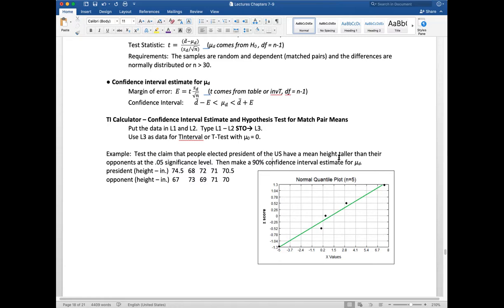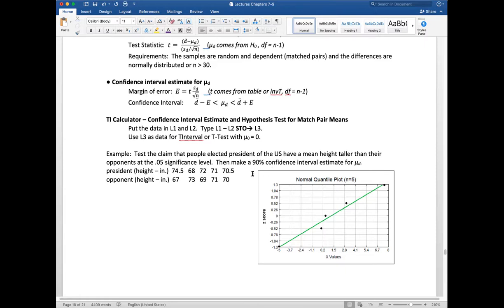Is it taller than? Then mu sub d must be greater than 0, so we have to use the one-tail test. But for the confidence interval we have to apply the two-tail test, so we have to double the alpha, which is 10%. So the confidence level must be 90%.